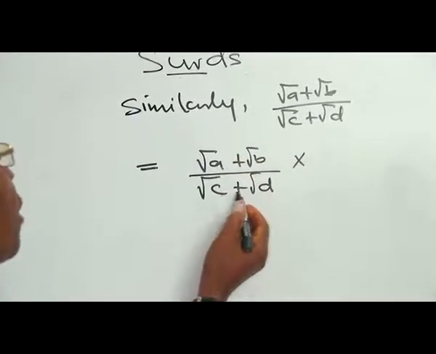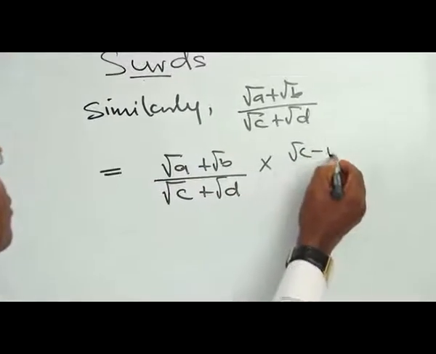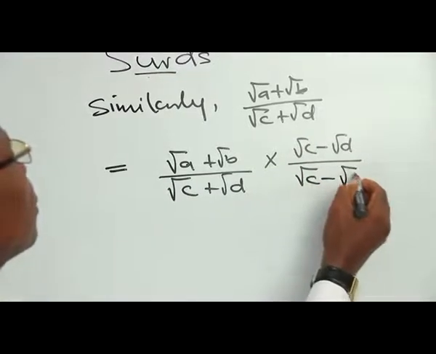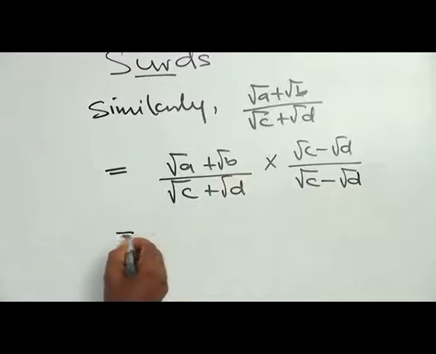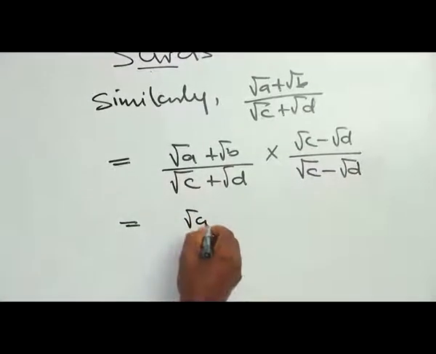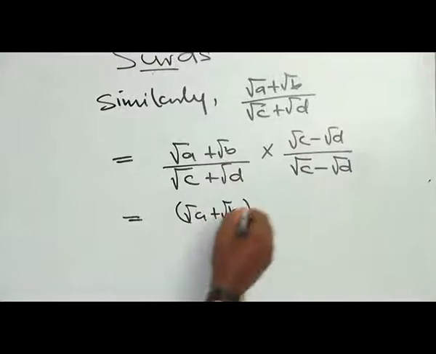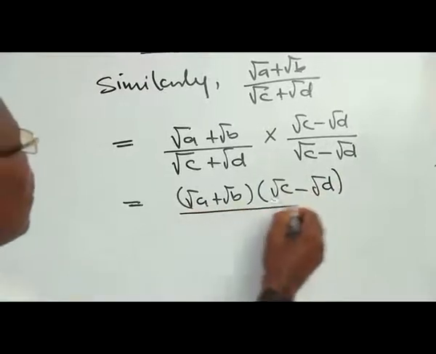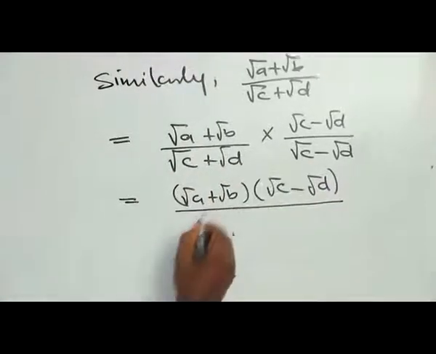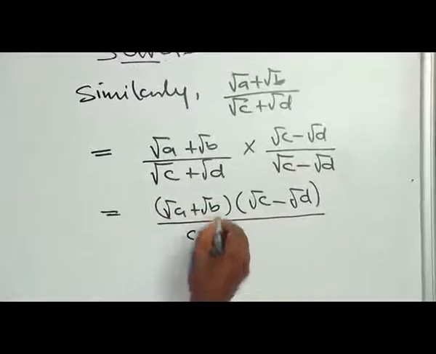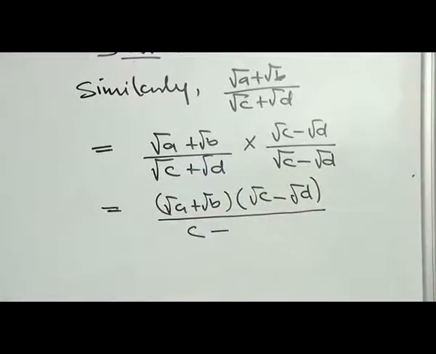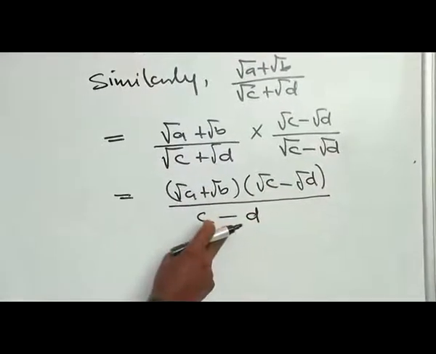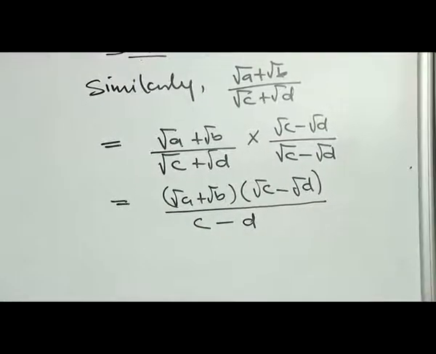The conjugate of this one is now root C minus root D, and of course the same thing here, root C minus root D. If you simplify it, it becomes root A plus root B multiplying root C minus root D, and everything here will be divided by root C times root C is C, and then minus, because plus times minus is minus, root D times root D will become D. Again, you discover that the denominator is now a rational value.